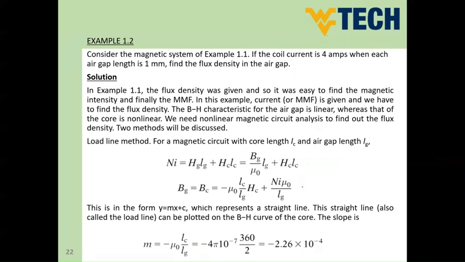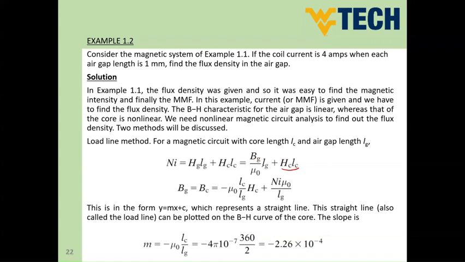So the solution is, if this is the relation of B, we need to have B on one side and move all other terms to the other side. So you have Ni on the left-hand side, move all others over and keep B on the other side, or vice versa, whatever. Okay, so now H core L core can go to the other side.